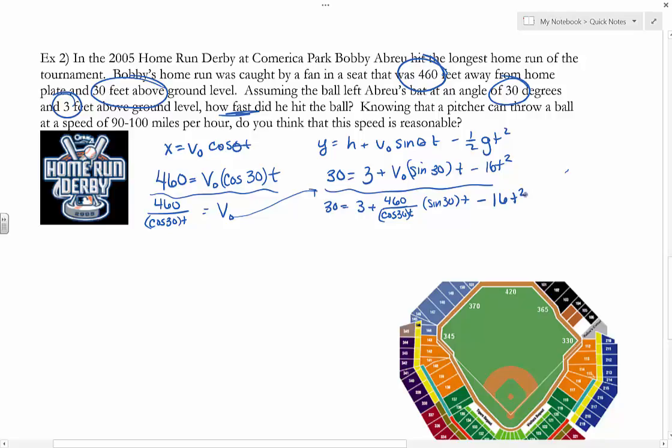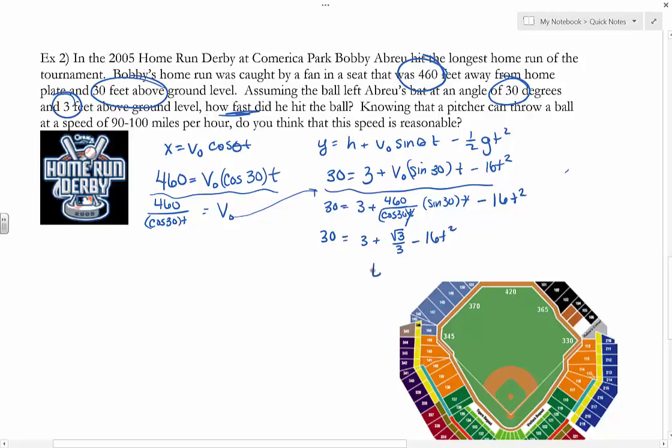And this looks really hairy, but the nice thing about it is I can take these t's and they cancel out. And then sine 30 divided by cosine 30 is really tan 30. And the tangent of 30 is root 3 over 3. So I have 30 equals 3 plus root 3 over 3 minus 16t squared.